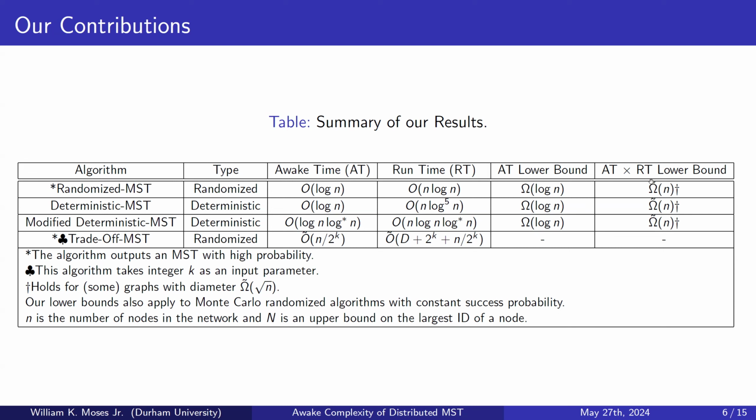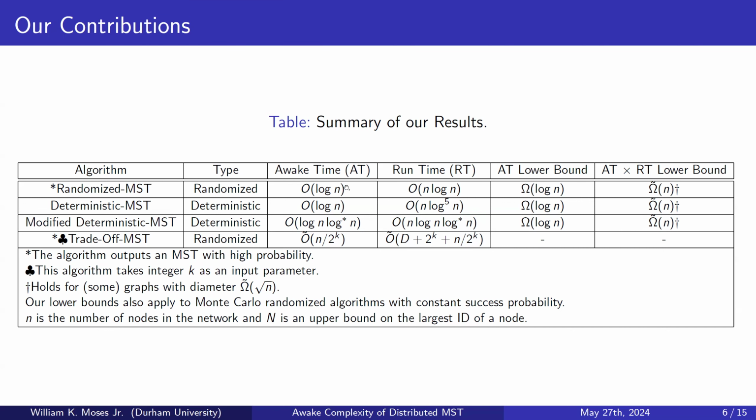And here tilde hides polylog factors, polylog of n. In other words, the solution we're proposing here is optimal up to polylog factors, and it's asymptotically optimal with respect to awake time.